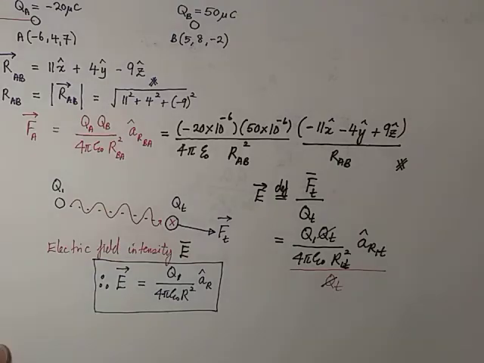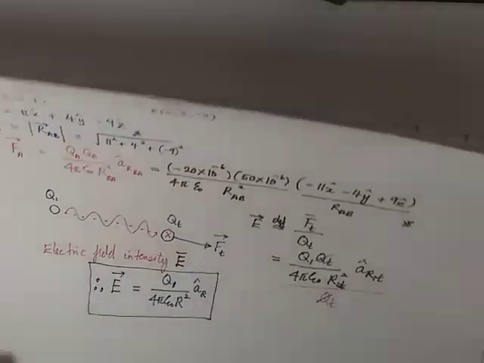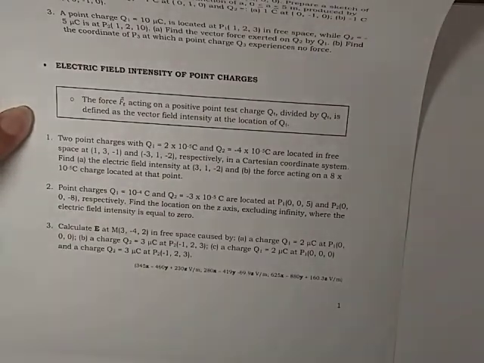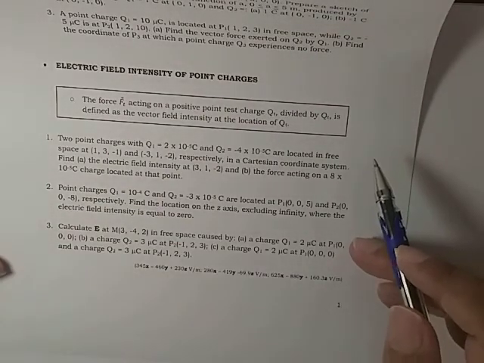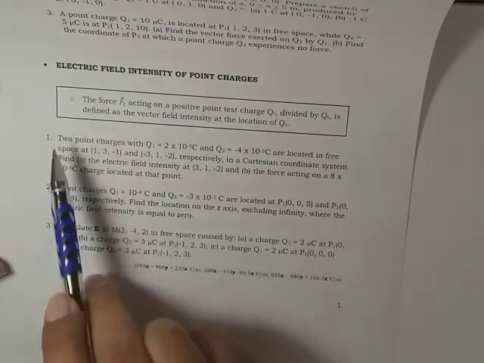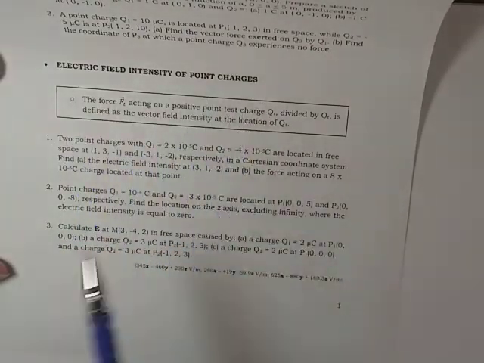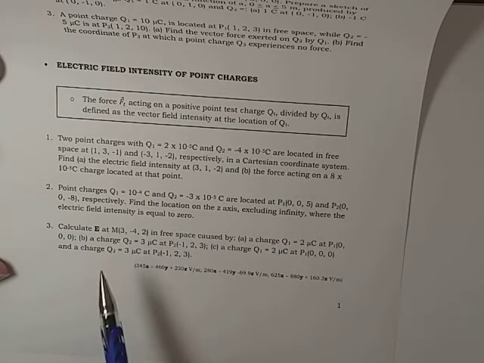You can test yourself regarding the formula and also the vectors by focusing on the examples in the handout for steel. As you can see, in the second part of the first page of handout number 4, there are problems regarding electric field intensity of point charges, and the problems involve more than 2 point charges.